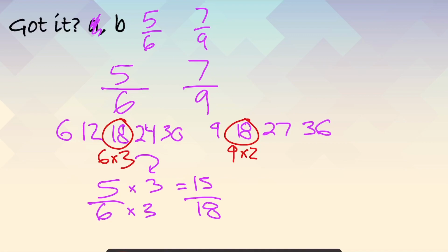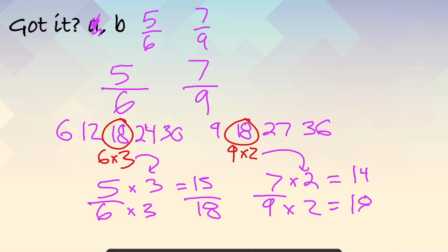Same thing with 7/9. 7 times 2, which we get from figuring out what the least common denominator is. 7 times 2 is 14. And, of course, 9 times 2 is 18.